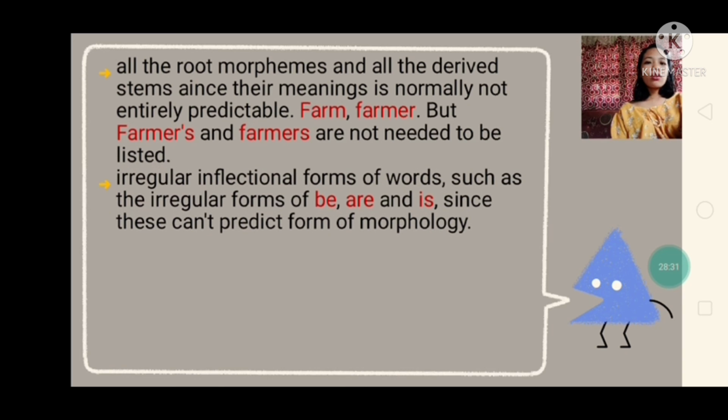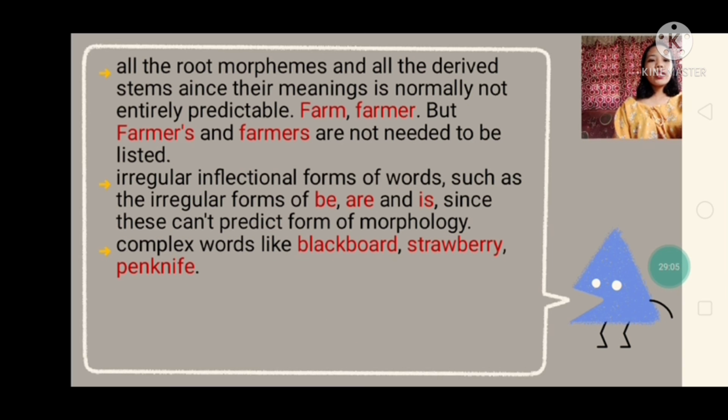So, irregular and fractional forms of words such as the irregular forms of be, are, and is, since they can't be predicted by morphology. So, wala siyang prediction kasi it is just an irregular form. Inflectional forms lang sila, like hindi nila sasabihin na nagpe-predict ng isang situation sa isang sentence.